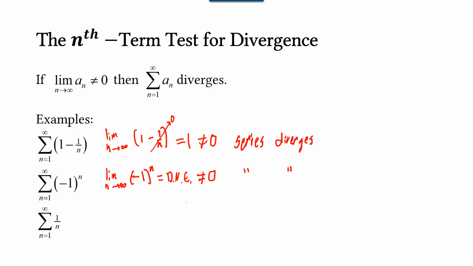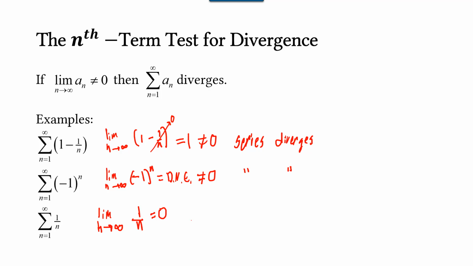As a final example for the nth term test, we take a limit as n goes to infinity of 1 over n, that is equal to 0. This is something that's really important to remember.